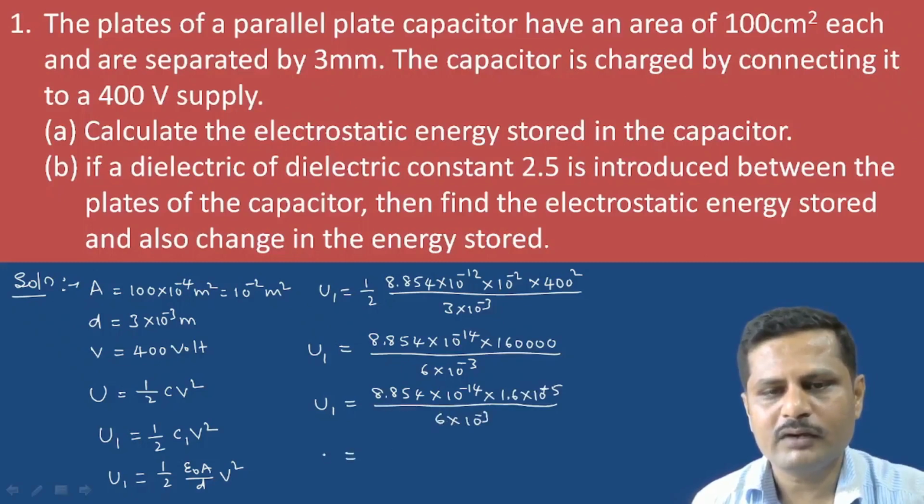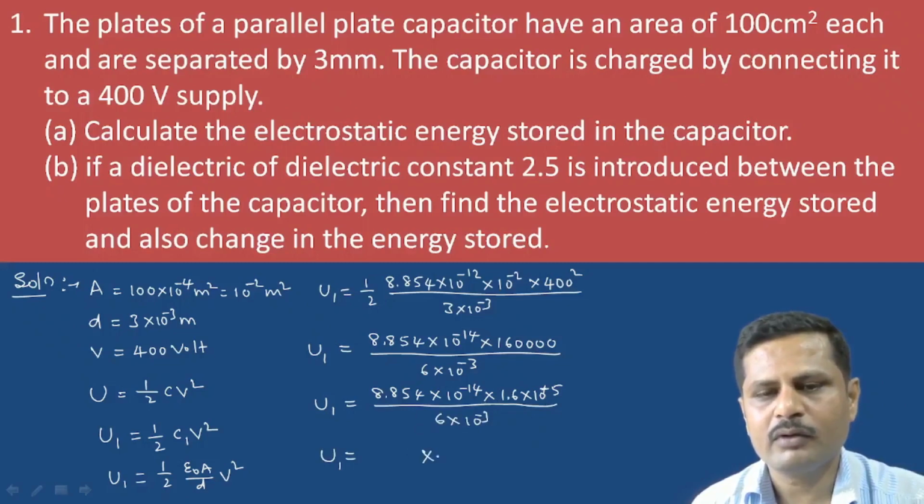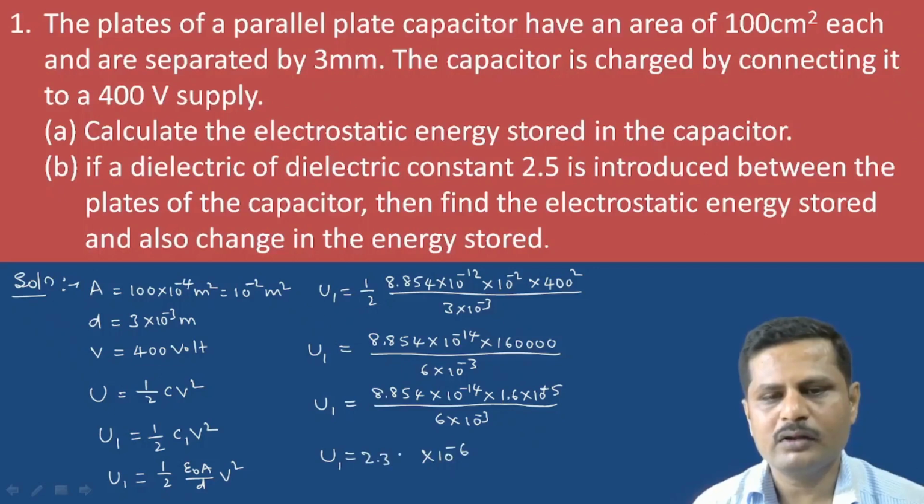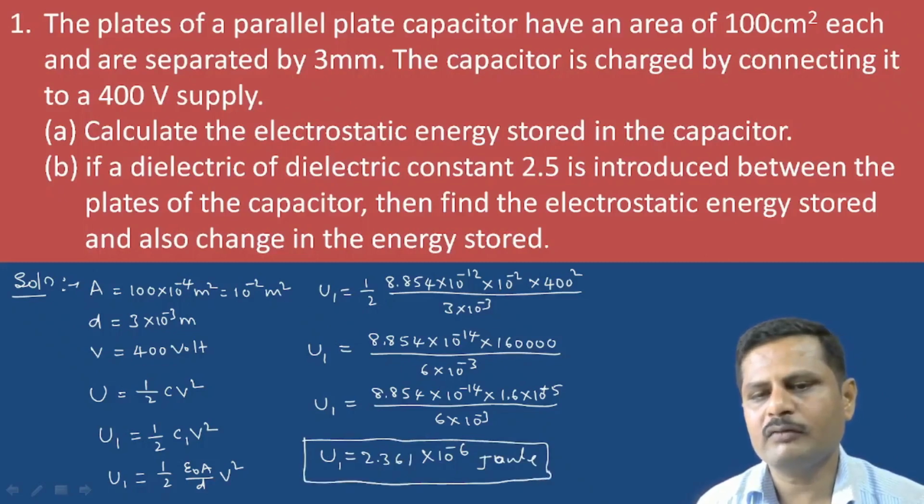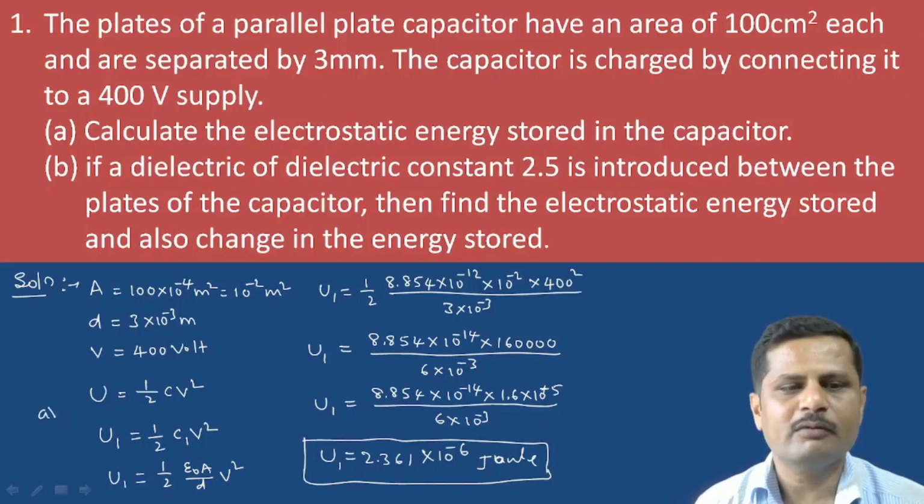On simplifying this, we get U1 equals to 10 to the power of minus 14 into 10 to the power of 5 divided by 10 to the power of minus 3, which becomes 10 to the power of minus 6, and here 8.854 into 1.6 divided by 6 gives us 2.361 joule. This is the energy stored in the parallel plate capacitor when there is no dielectric medium between the two plates. Let me go for B now.